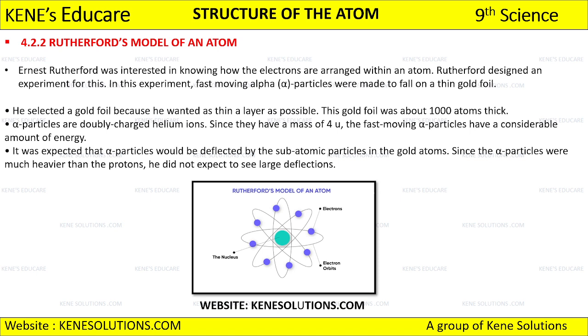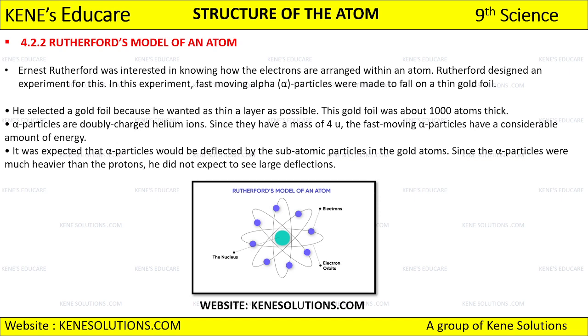This gold foil was about 1,000 atoms thick. So the reason for using gold foil is that Ernest Rutherford wanted a layer as thin as possible, and this is one of the reasons for choosing gold foil.